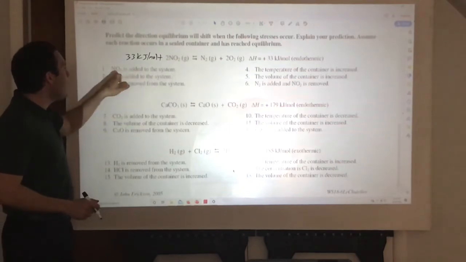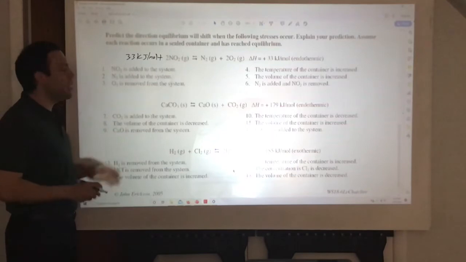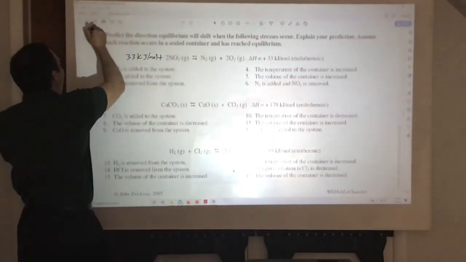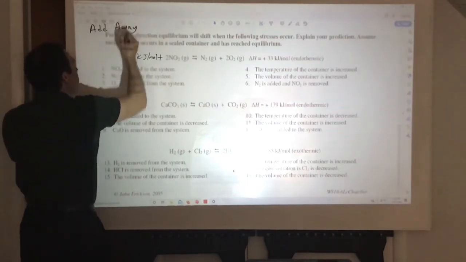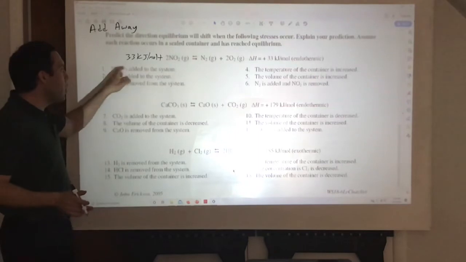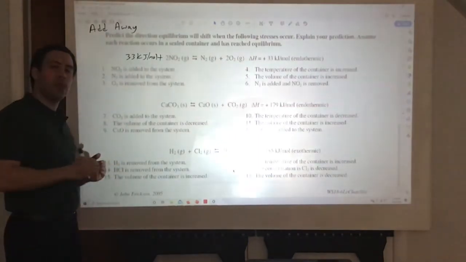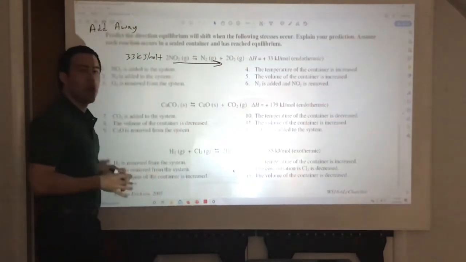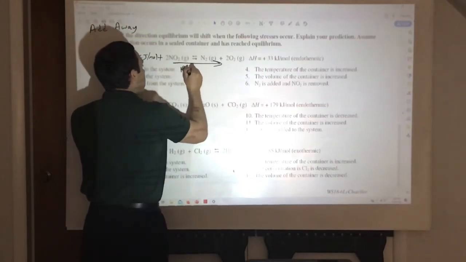Now let's take a look at some of these problems. Problem number 1 says NO2 is added to the system. Remember from before, add away. I find NO2, it's on the left side. Add away, if I'm adding to the left side, I'm going to shift away to the right side. So the system shifts right.